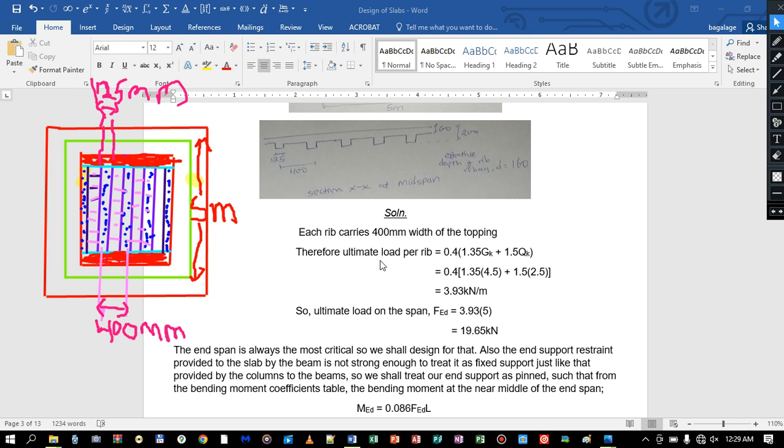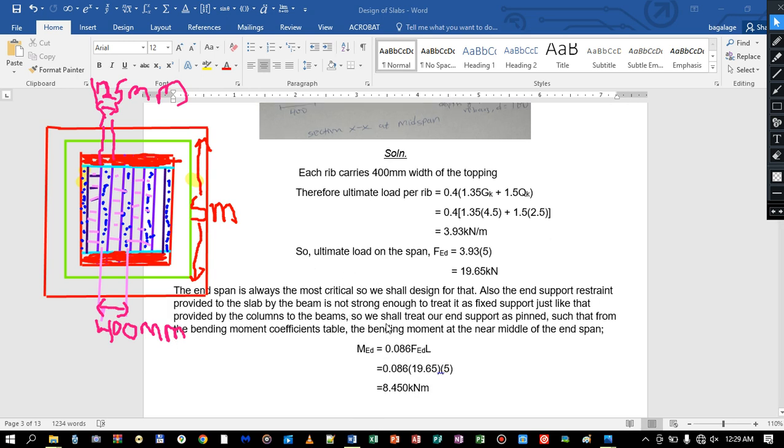Since we are dealing with a continuous ribbed slab, it means that the ribs are continuous over several supports, which means in each span we have support moments and mid-span moments as our critical moments. But we can't go on designing for each span, we have to design for a critical one.